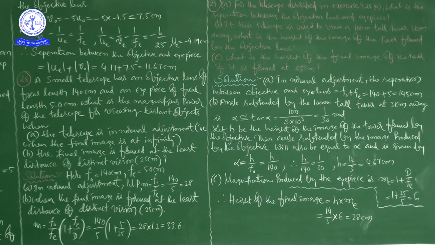The separation between the objective and eyepiece, you have to imagine the compound microscope, is the length of the tube, that is modulus of UE plus modulus of V0, which is 4.17 plus 7.5, finally 11.67 centimeters.